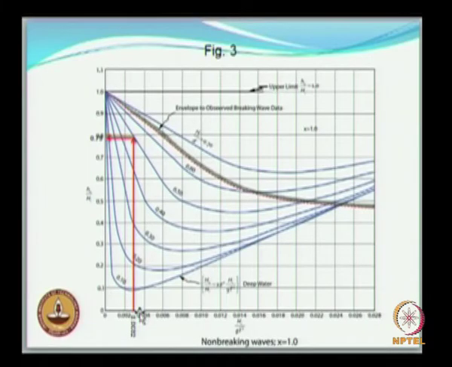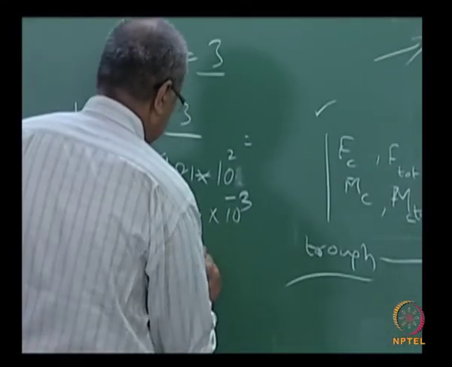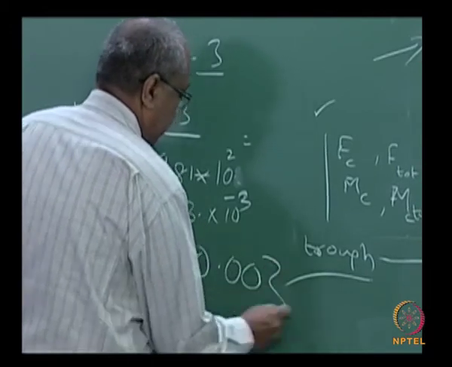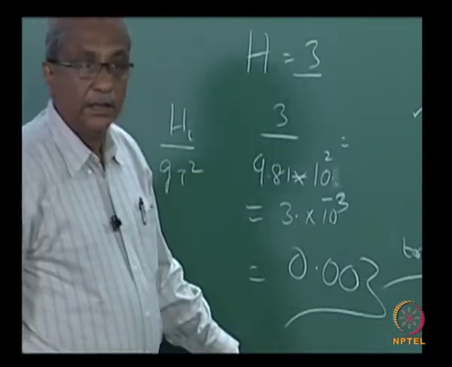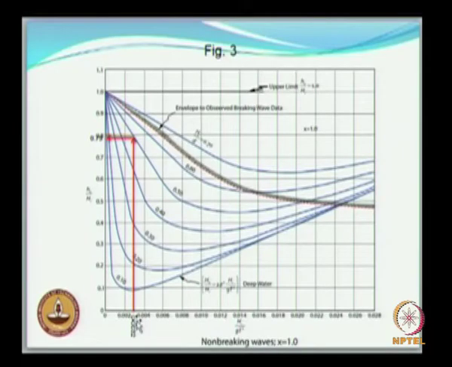Now this is 0.002, this is 0.006, 0.003, it is approximately 0.003, right. Okay. So, 0.003 and your Hi by D is how much?